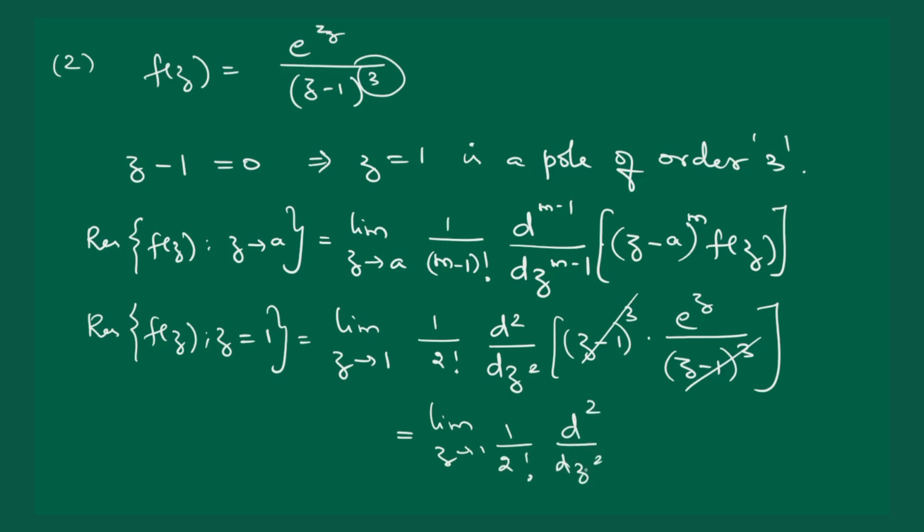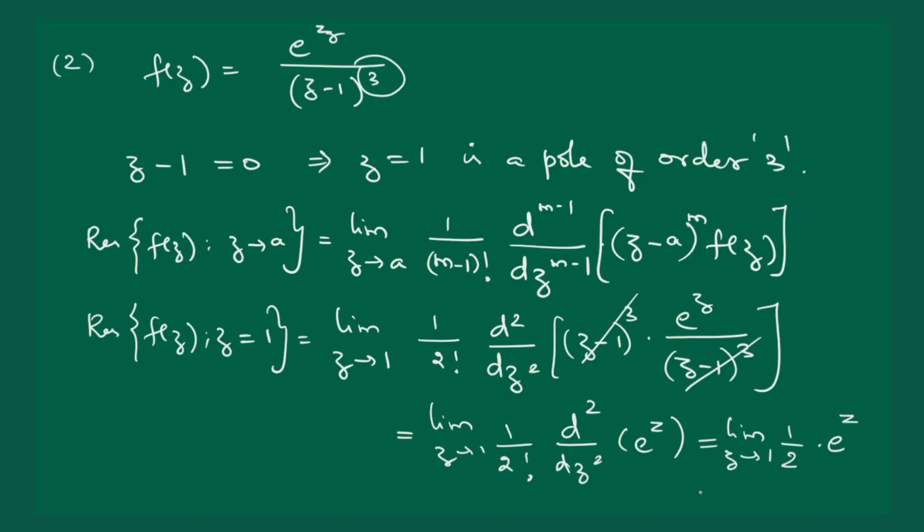that is, d square by dz square of e power z. Differentiation of e power z twice will give you the same term e power z, because differentiation of e power z is e power z. So again, if we differentiate, we will be getting e power z. So the answer will be limit z tends to 1, 1 by 2 factorial, which is 1 by 2, into the second derivative of e power z, which is e power z.